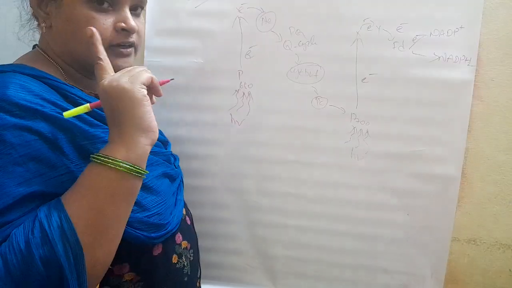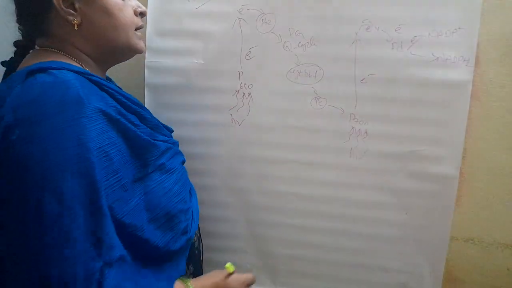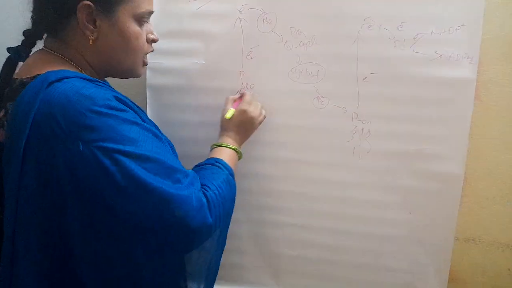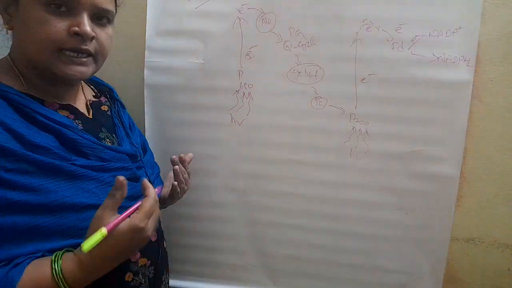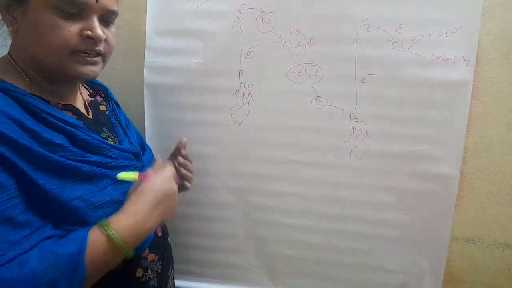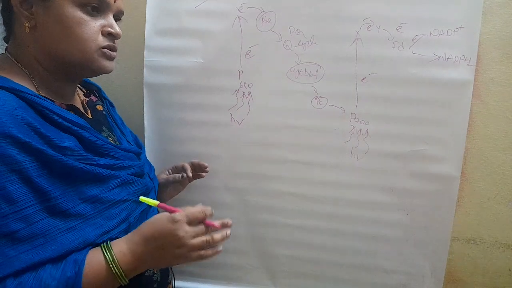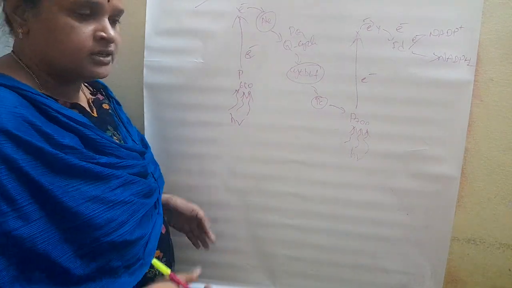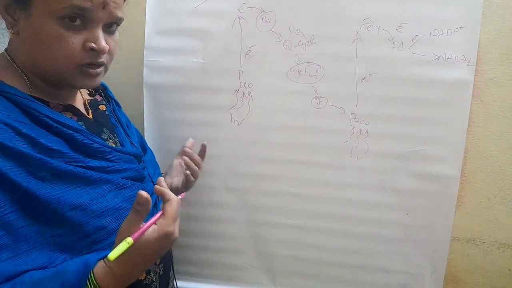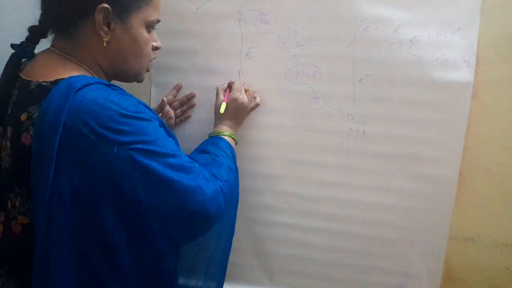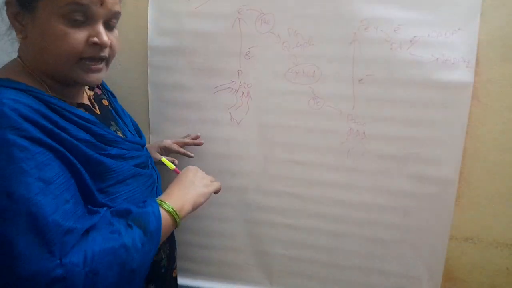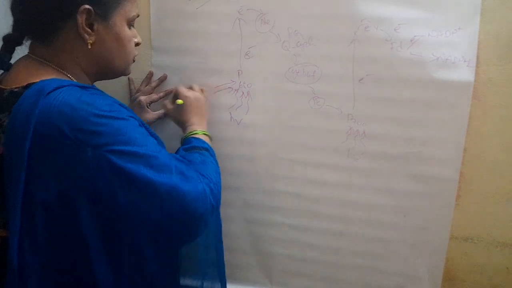Pheophytin is the first electron acceptor. Now P680 becomes oxidized, since it released an electron. Does it need an electron now? These electrons are now given by the water molecule.